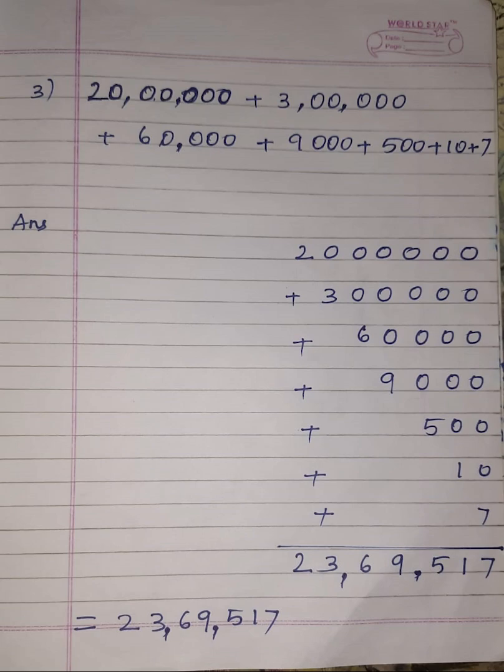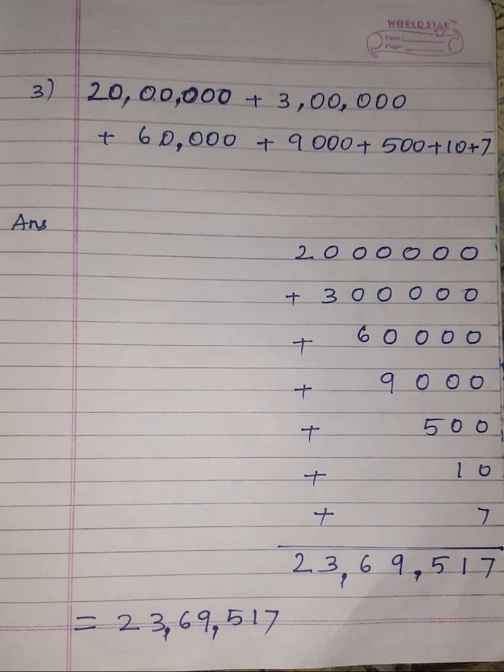Then we have to add it all up now. Children, we have to add starting from the units place, then we move on to tens. Already I have shown you, right? Here we don't have any digits, only zeros in the units. 0 plus 0 plus 0 plus 0 plus 0 plus 0 plus 7 equals 7. So we write 7 in the units place.